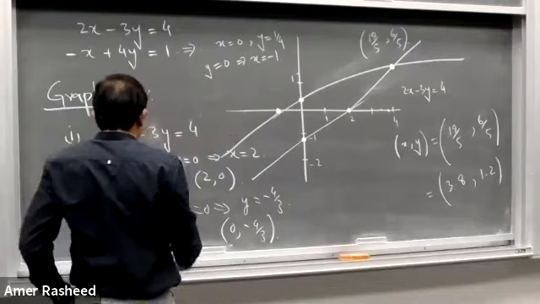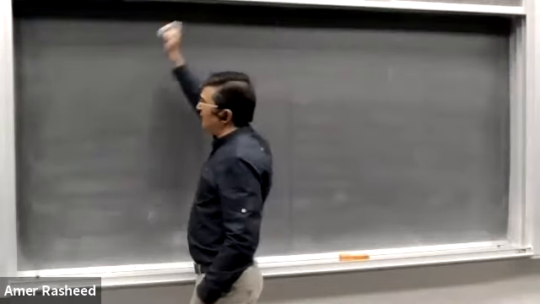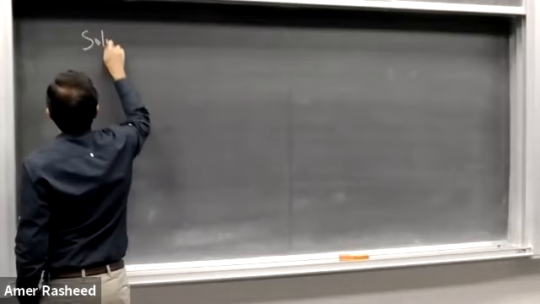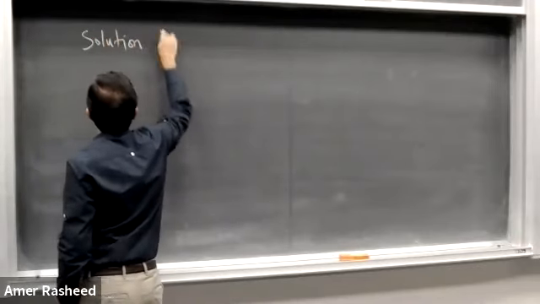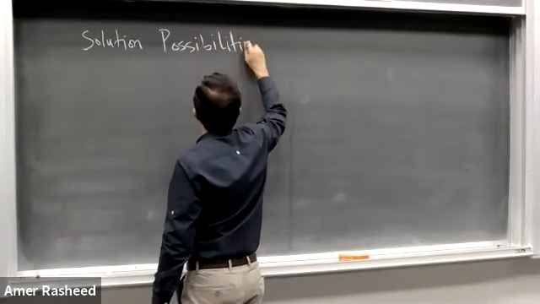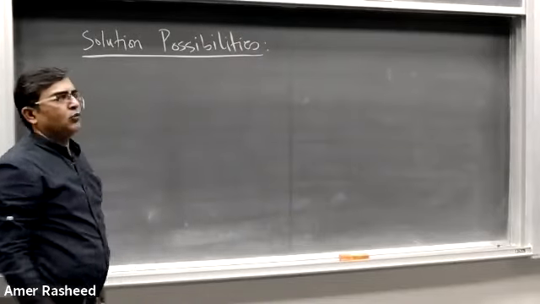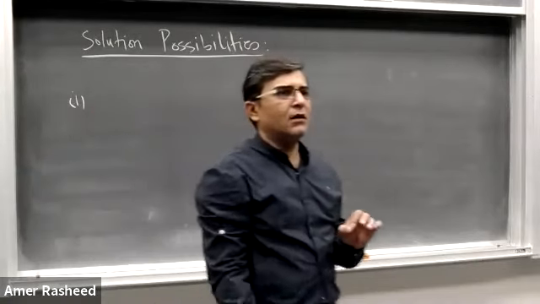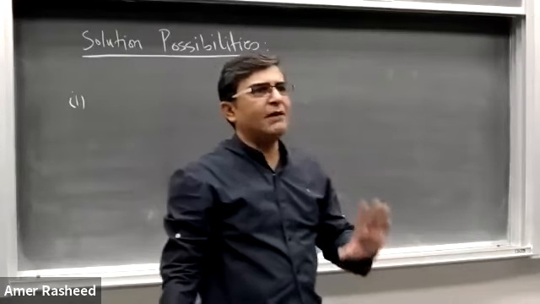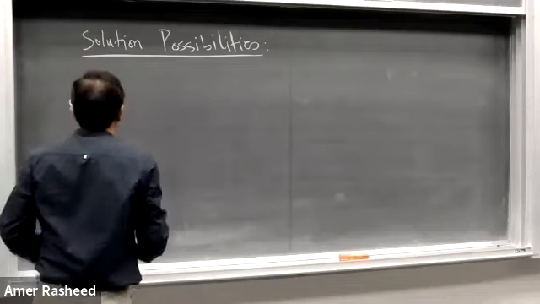In fact, while solving a 2x2 linear system, we have three possibilities. We are talking only about a 2x2 system, a linear system having two equations and two unknowns. Then there are three possibilities.